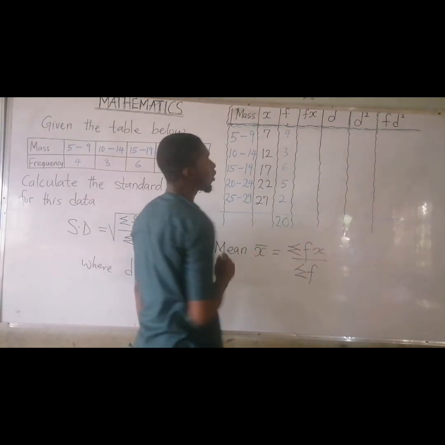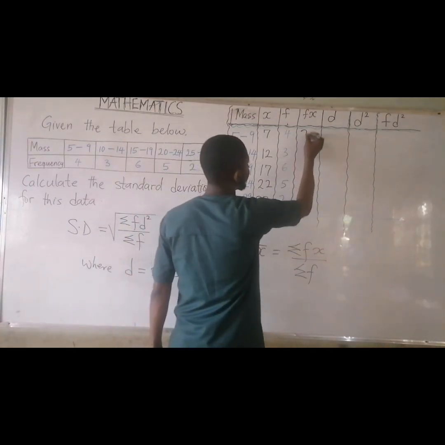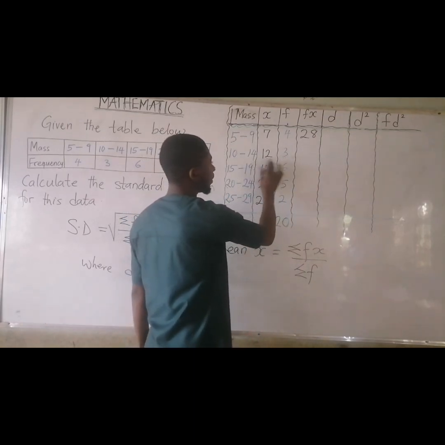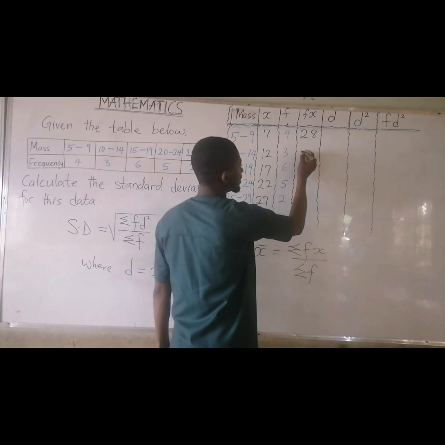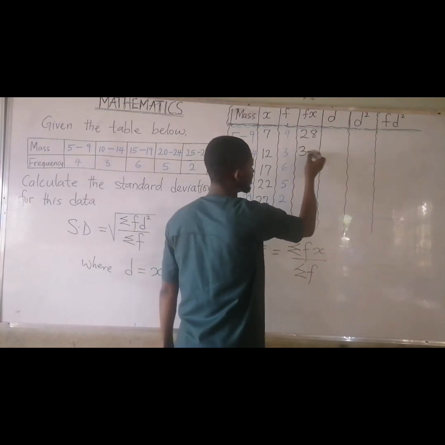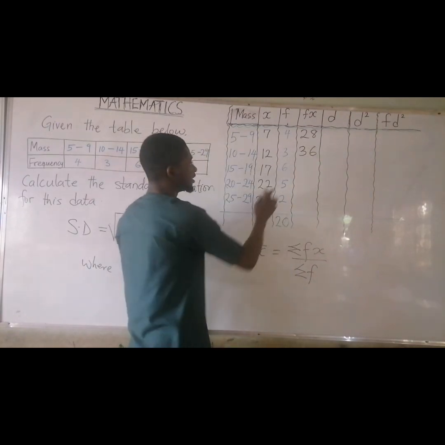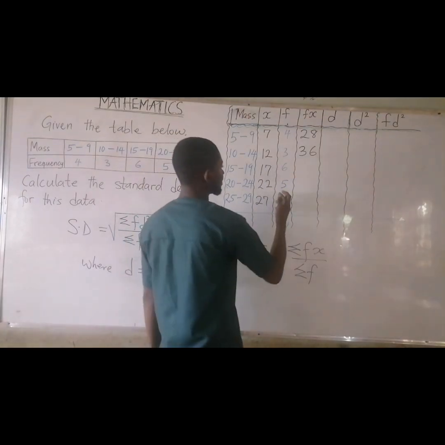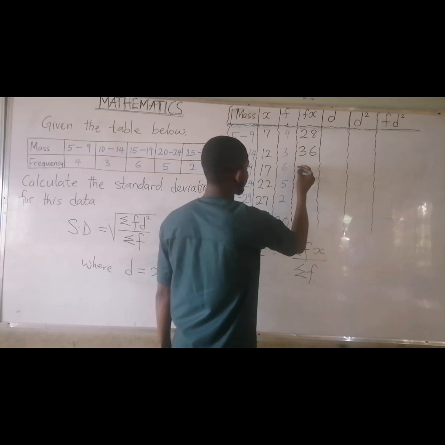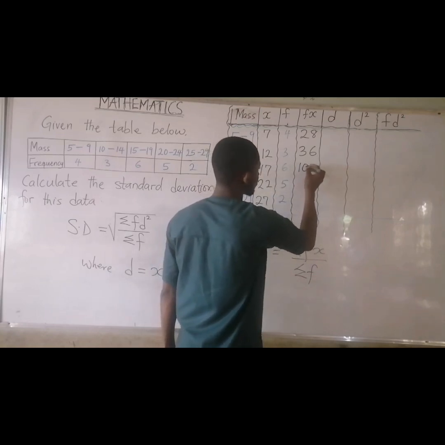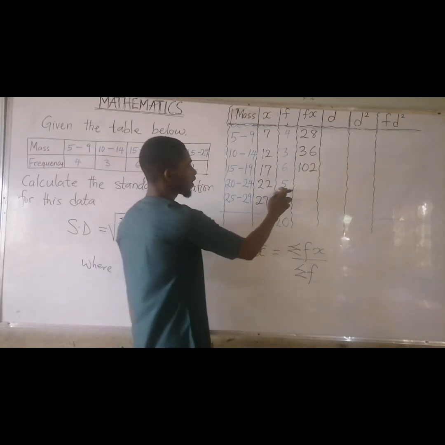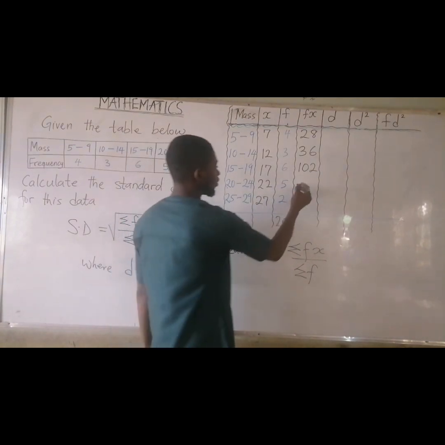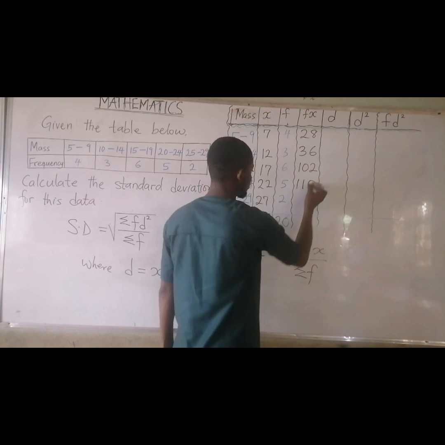7 multiplied by 4, that is 28. 3 multiplied by 12, that is 36. This one multiplied by 17, that is 6 multiplied by 17. We can say 6 times 7, that's then 102. 5 multiplied by 22, that is 110.